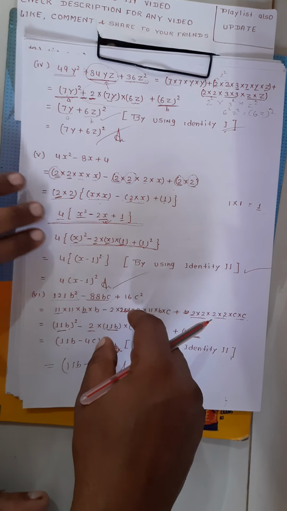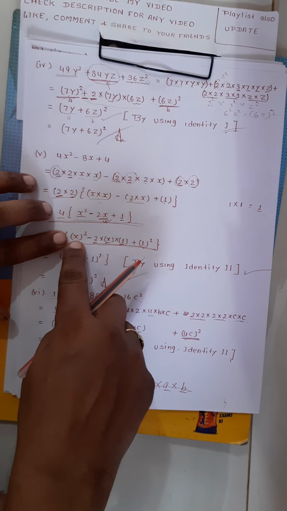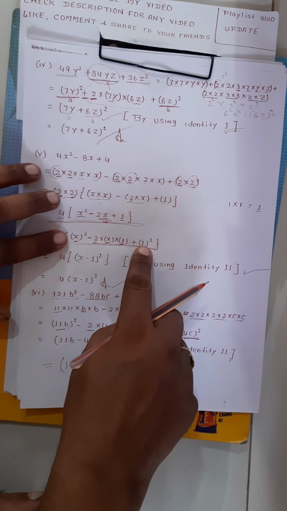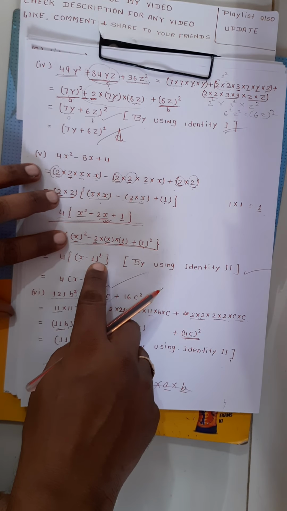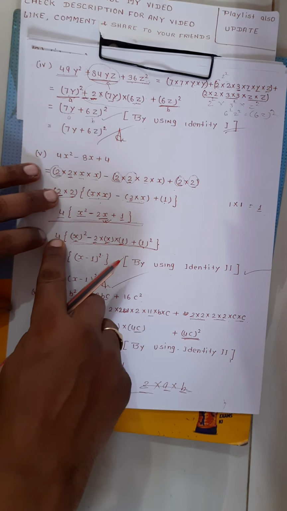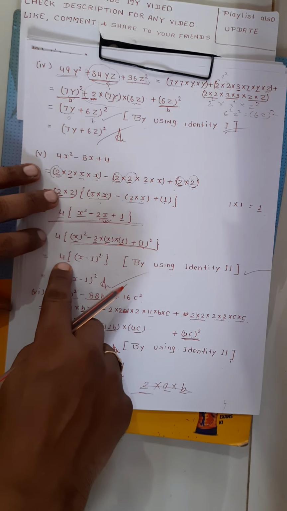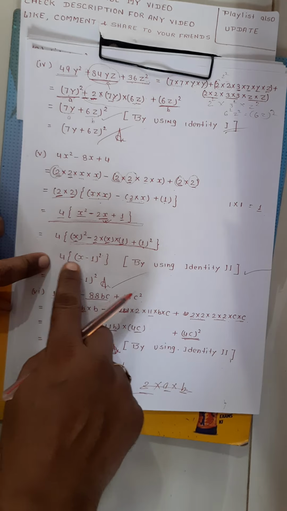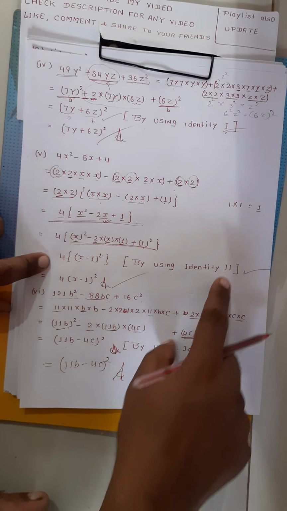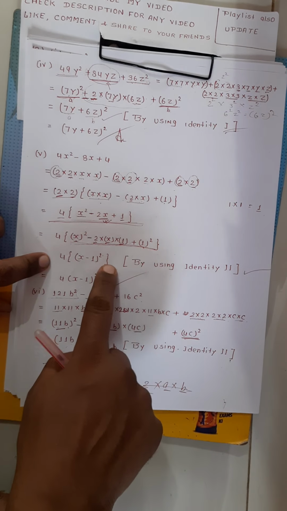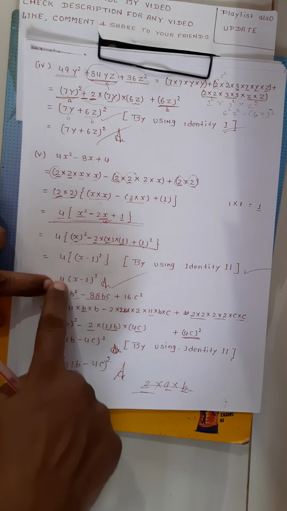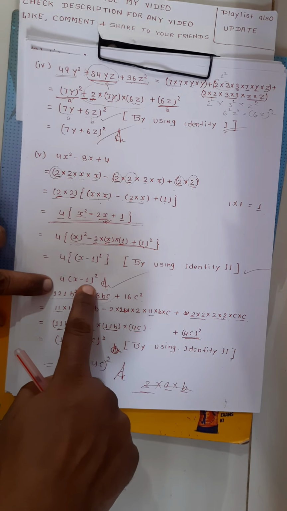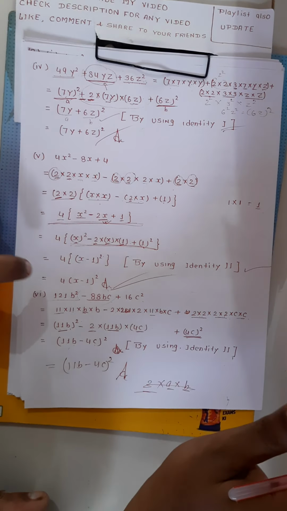So our value becomes whole square of x minus 1, and 4 will stay in its own place. Now we will remove this bracket using identity number second, and our value becomes 4 whole square of x minus 1.